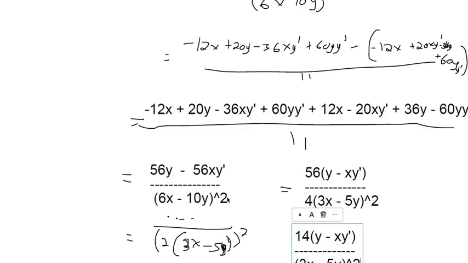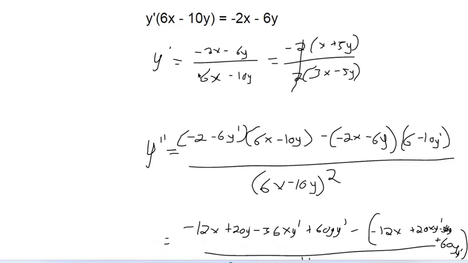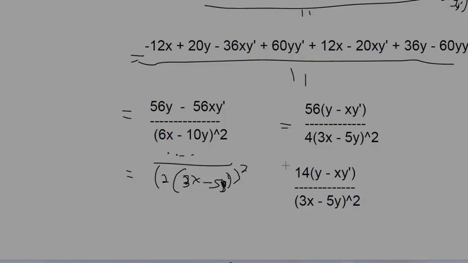Okay. What was I doing next? Yeah, so now we got to put everything in terms of x and y. So we got to substitute what y prime is. It's negative x plus 3y over 3x minus 5y. So in here, it's going to be a double-decker fraction, which is always ugly. Here, let me just copy this.